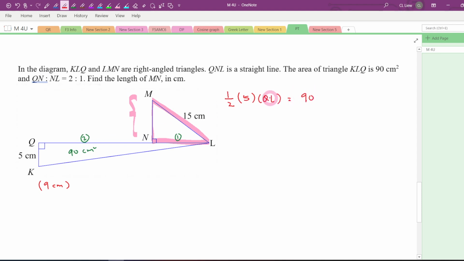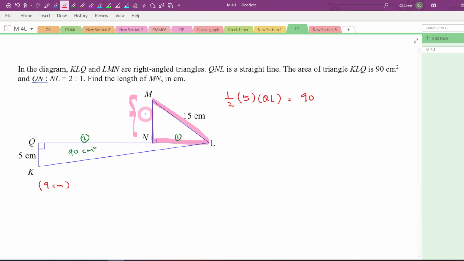From here, we can get the length of QL. Once we have QL, we can use this ratio to get the length of NL. Once we have NL, we can use these two sides to get the length of the third side of a right angle triangle. Okay, do you get what I mean?